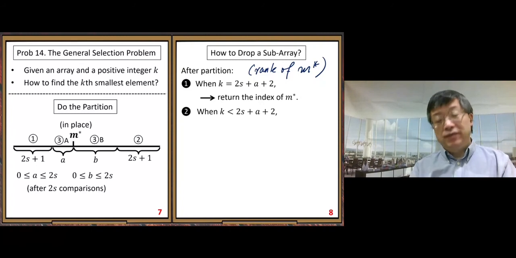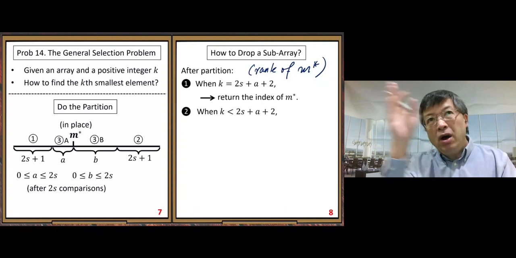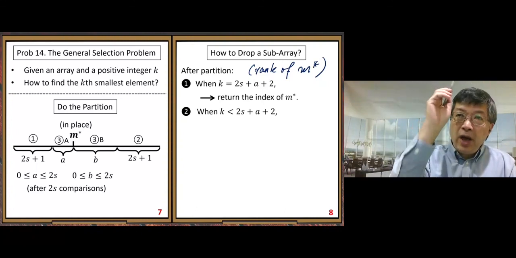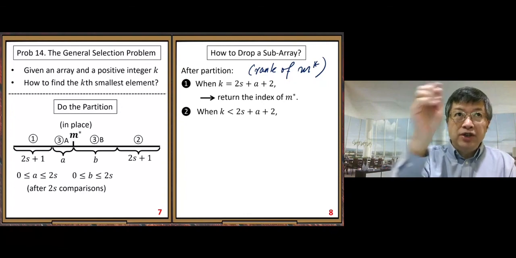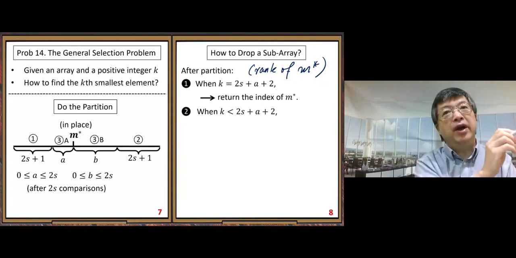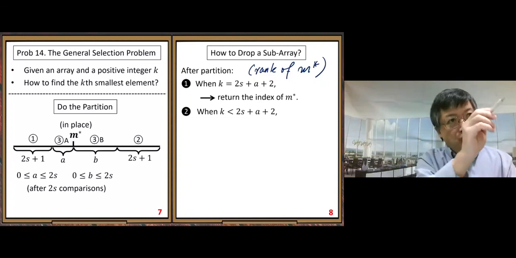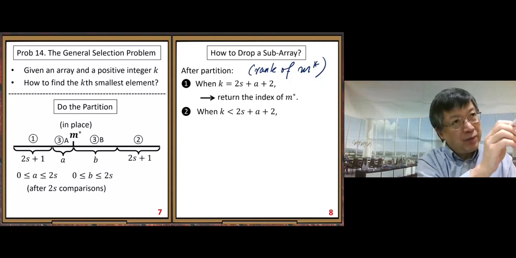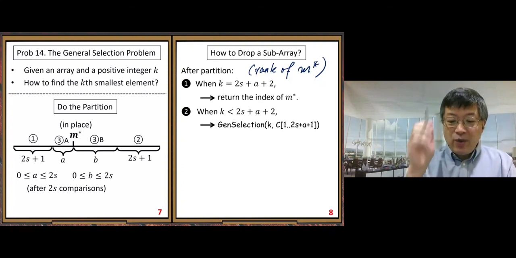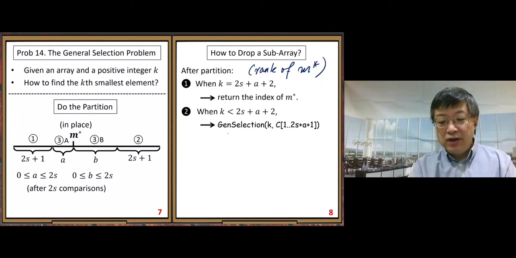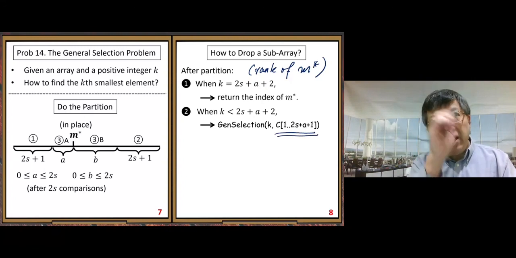Case 2, this time k is less than the rank number of M star. That means the kth smallest element sits in the left subarray. So we should drop the right subarray, and we should do recursion on the left subarray. So then we call the recursive function. Same function, but this time we change the data part.